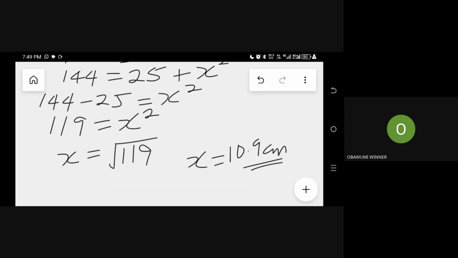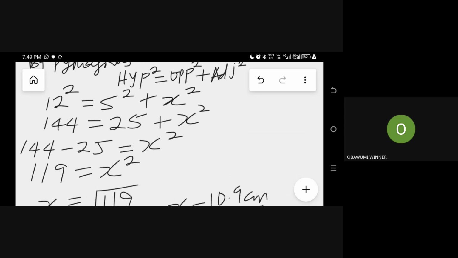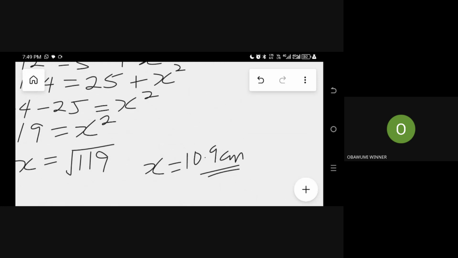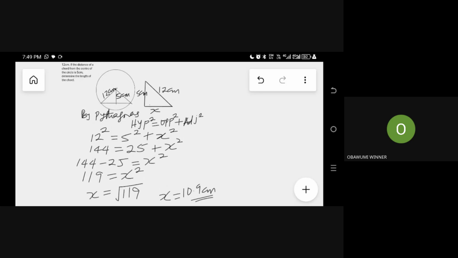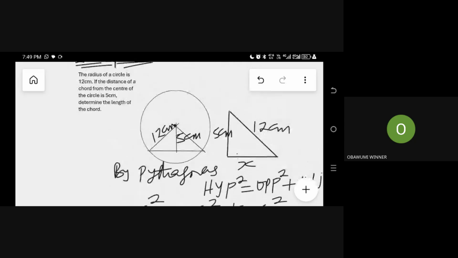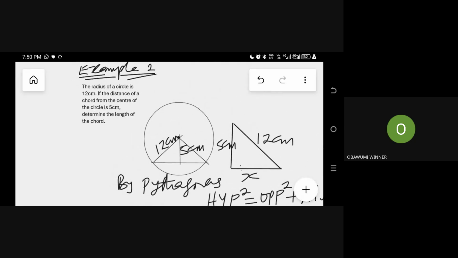Now listen, I need you to pay attention to this. We've gotten the length at the bottom here as 10.9. That's the value of s, 10.9. Now, in the original question, we're told to determine the length of the chord, and you know the chord, when we drew the circle, the chord is any line segment that meets the circumference of the circle at 2 points.